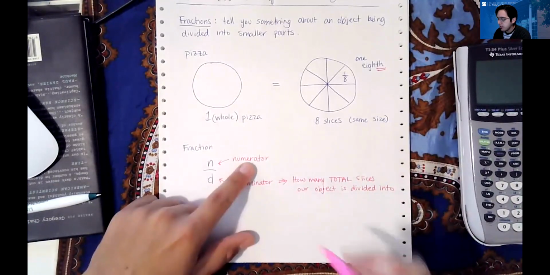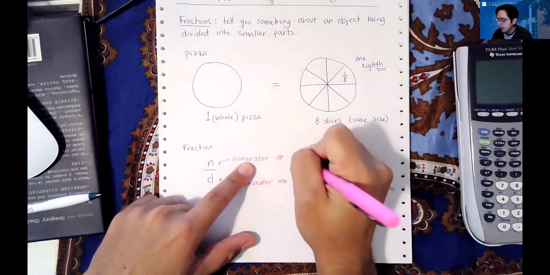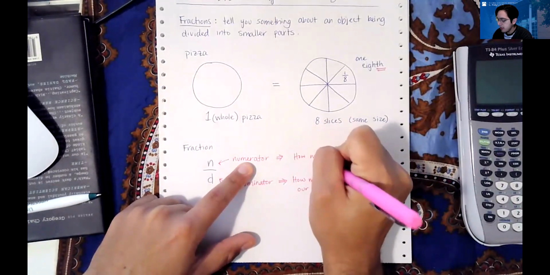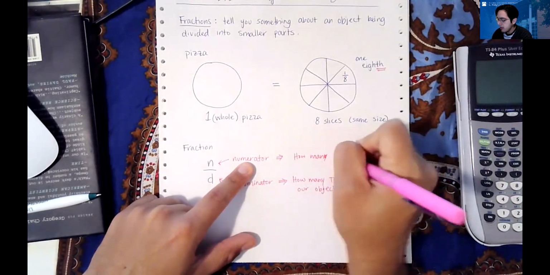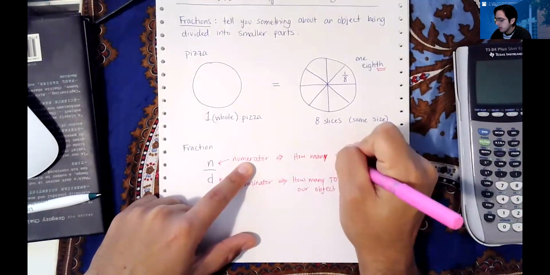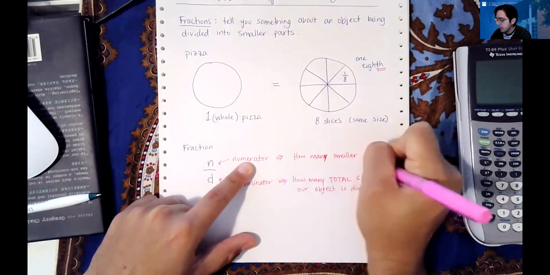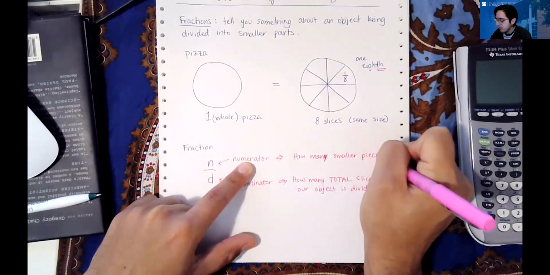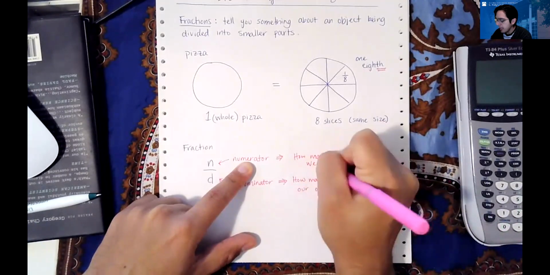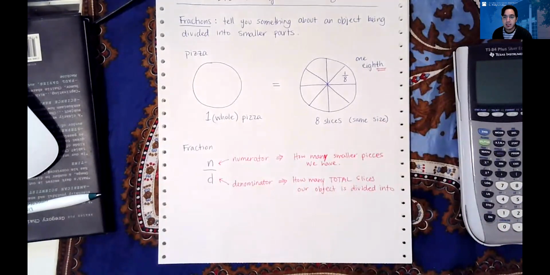Okay, and the numerator tells you how many smaller pieces we have of that object. Okay.